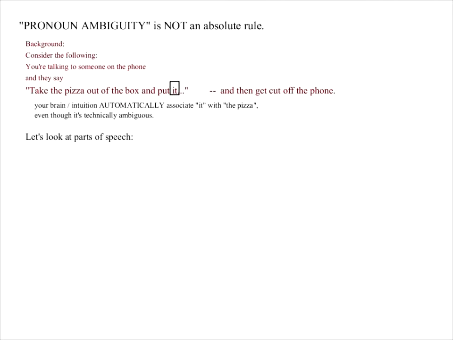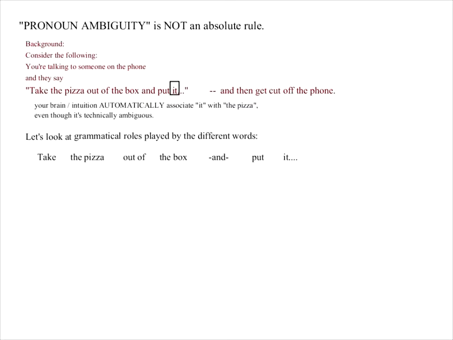And then "and" is a conjunction. Put it. Okay, let's analyze. So it's not so much parts of speech. Let's look at grammatical roles is probably a better way to say this. Let's look at grammatical roles played by the different words.